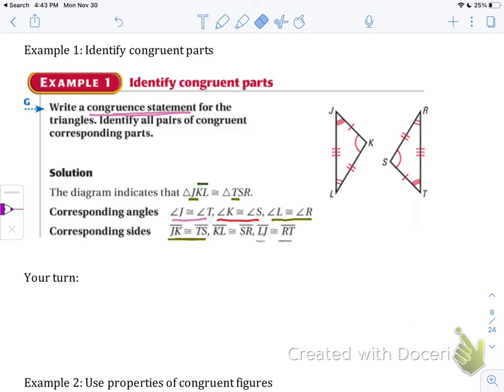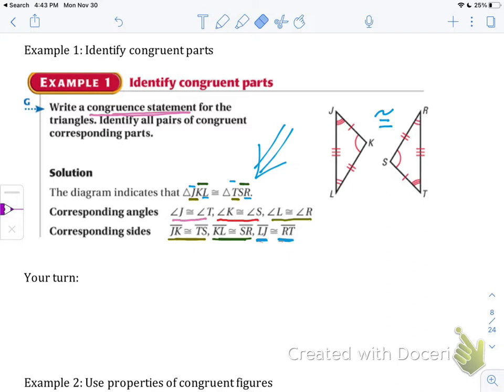So KL is congruent to SR. KL, SR. Then take first and last, or last and first. Last and first. So LJ is congruent to RT. And then you can look at the shape and you can see that that is exactly what you would say had you been looking at the shape. I will tell you it is infinitely easier to use your congruent statement than to keep going back and looking at the shape. So definitely do that.